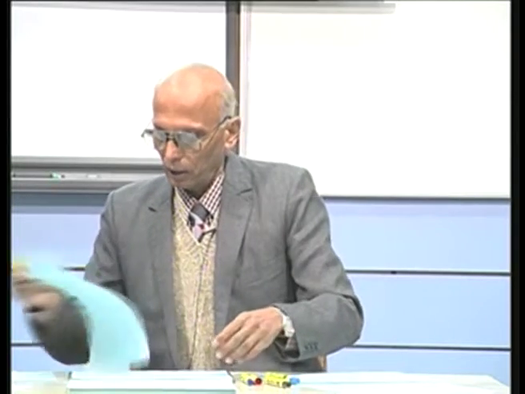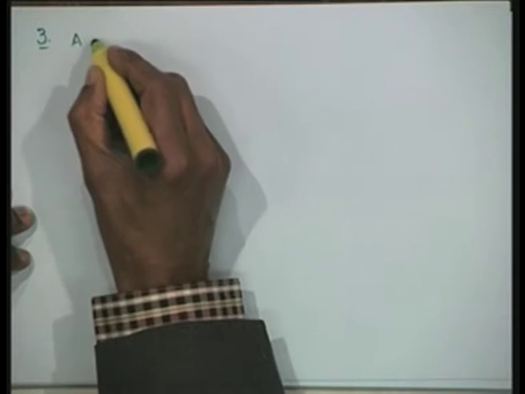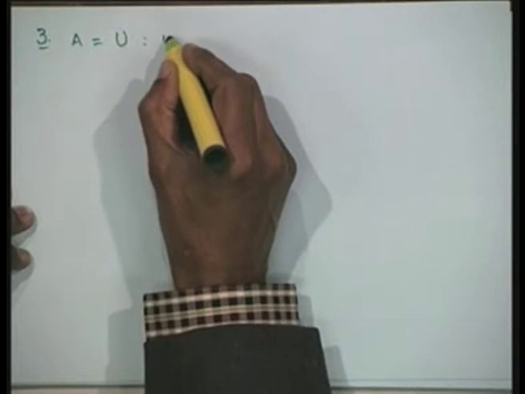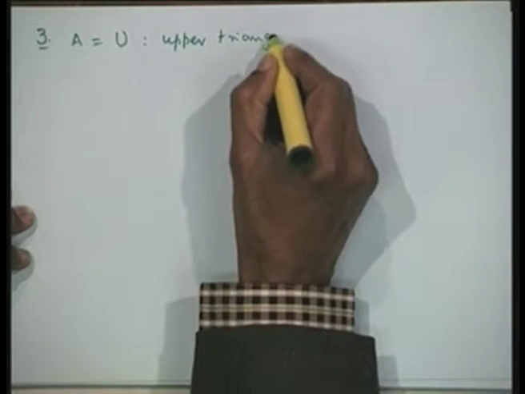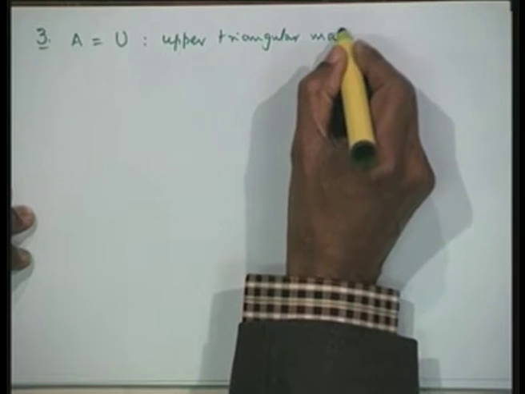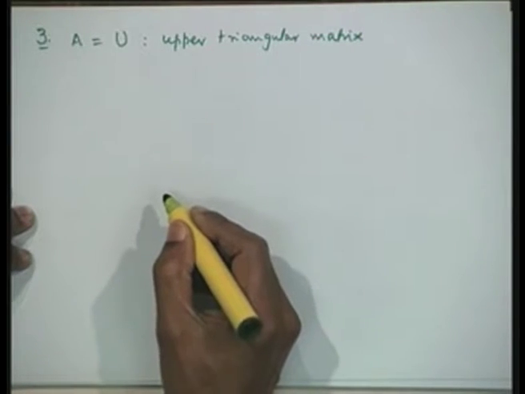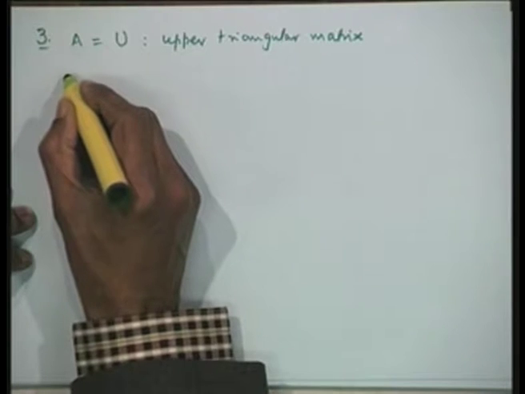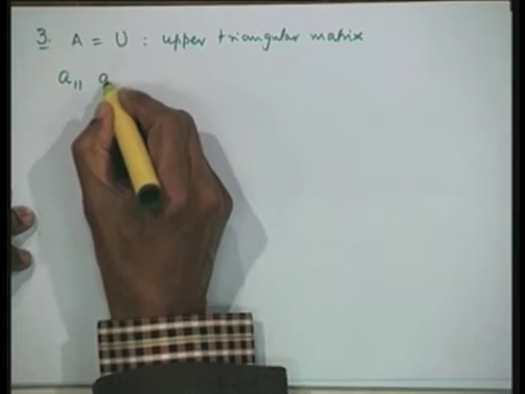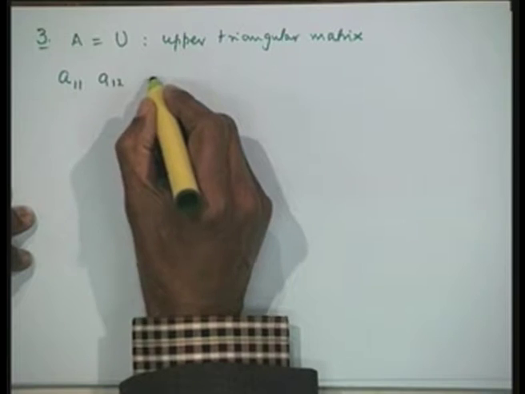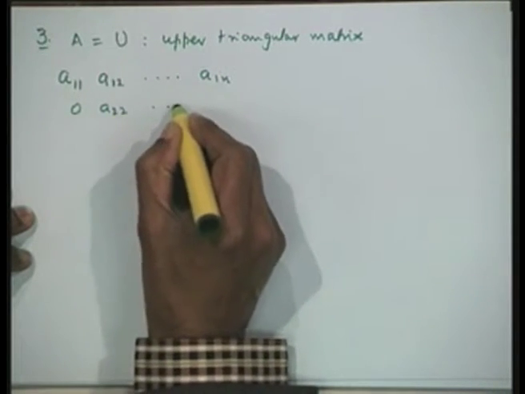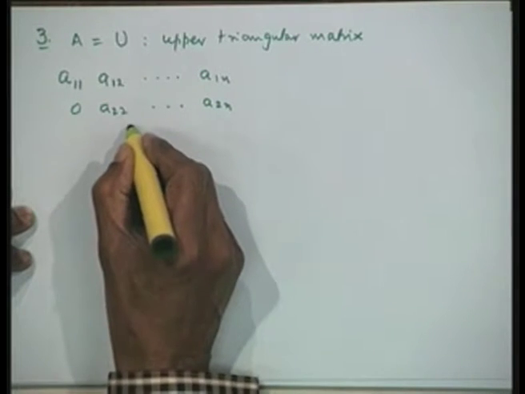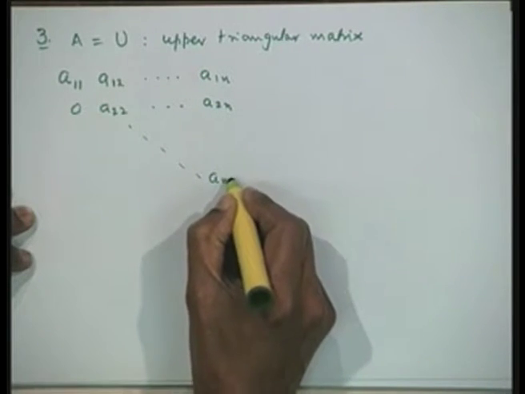Now, let us take the third case. We will take now the matrix A of the form U, an upper triangular matrix. Therefore, the matrix system would now look like a11, a12, so on a1n, a22, a2n, so on ann.